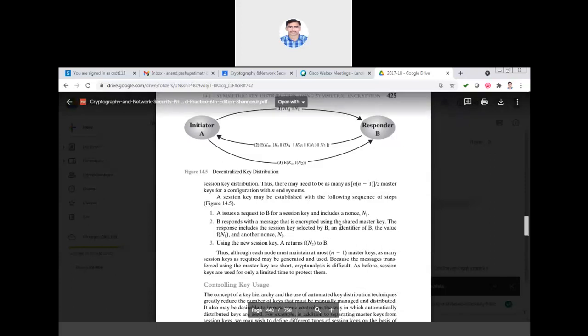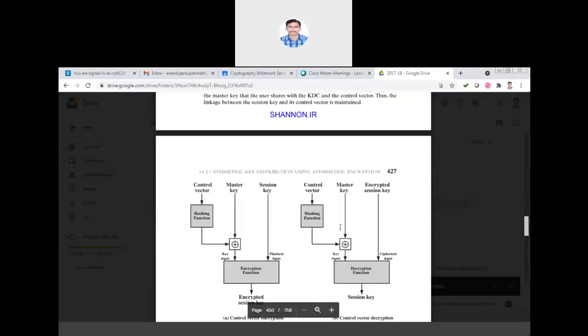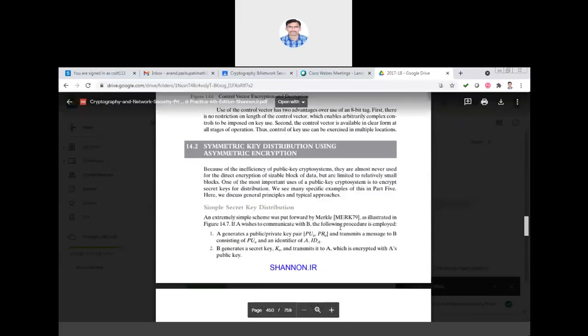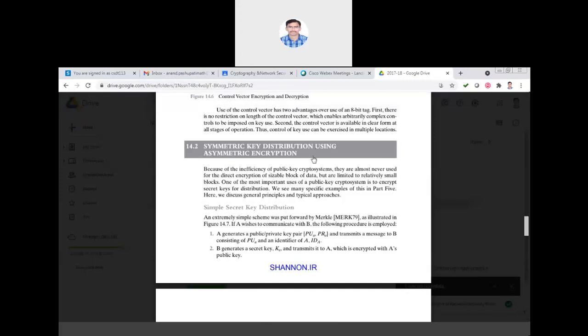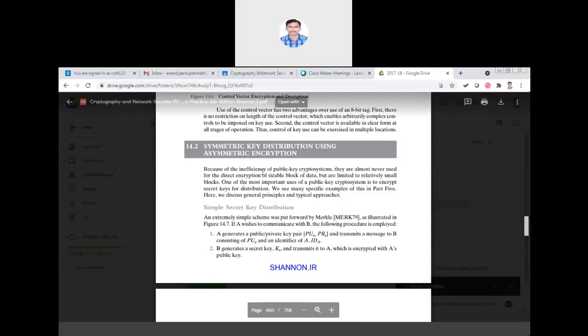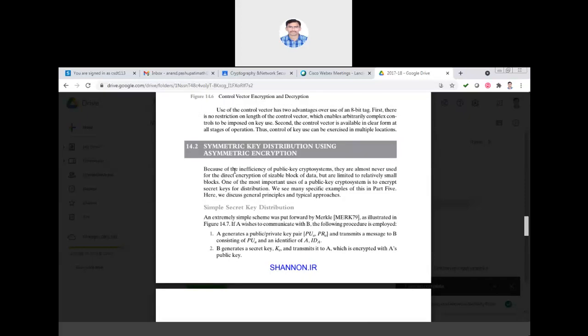Okay, next I will go through 14.2, symmetric key distribution using asymmetric encryption. The moment you heard the term asymmetric, probably something has clicked in your mind, because we have already discussed these keywords, symmetric and asymmetric.